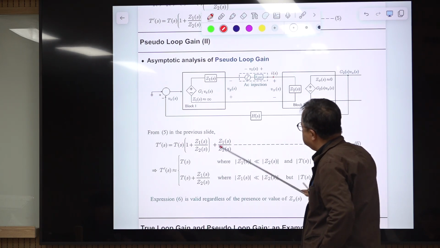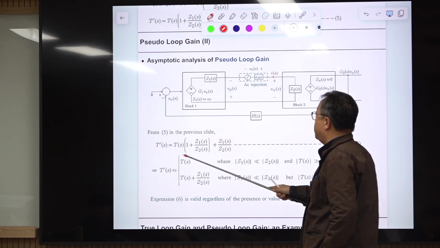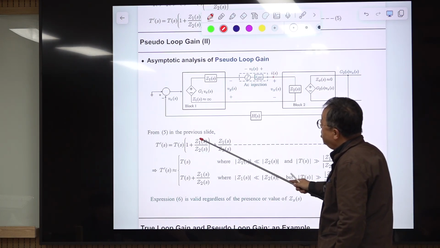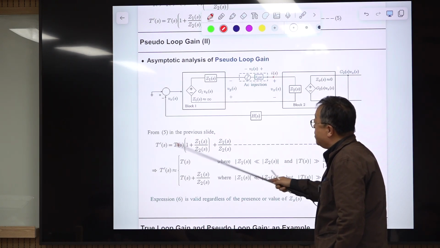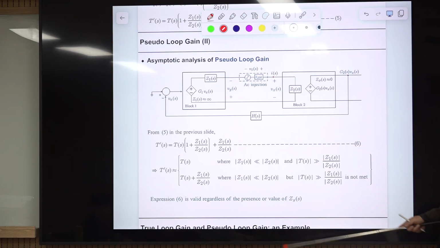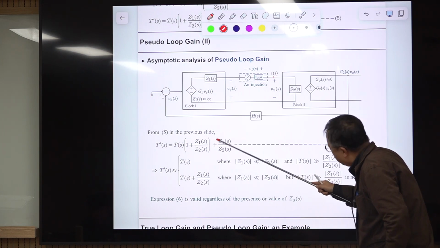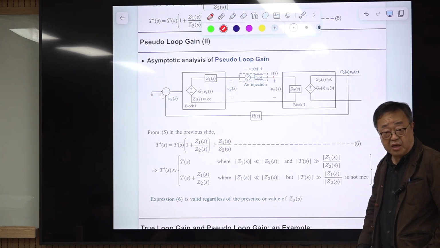We are comparing this and this. This is small, then it is also ignored. Then you get this. And this is very small by comparison, then you ignore this. But loop gain can be very small at high frequencies. So then loop gain is not much larger than this for some cases.